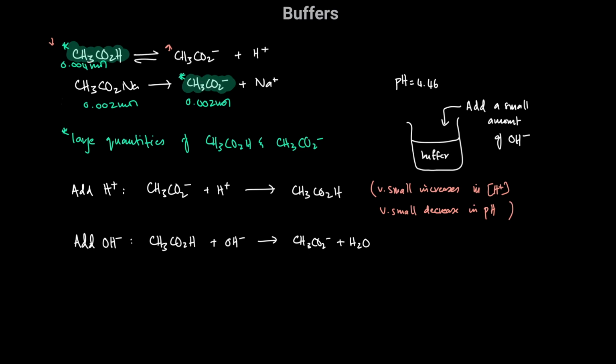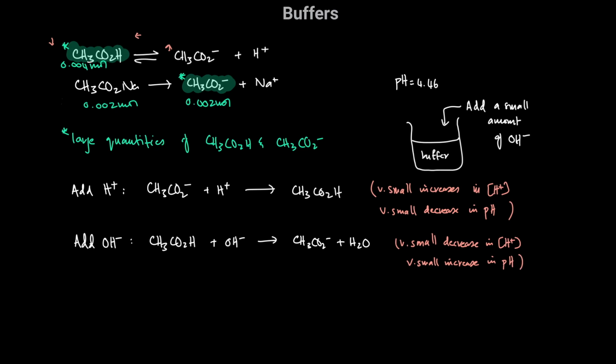What that means is that there's a very slight shift of this equilibrium to the left, and therefore the concentration of H+ decreases very slightly. So there's a very small decrease in the concentration of H+, and therefore a very small increase in pH.